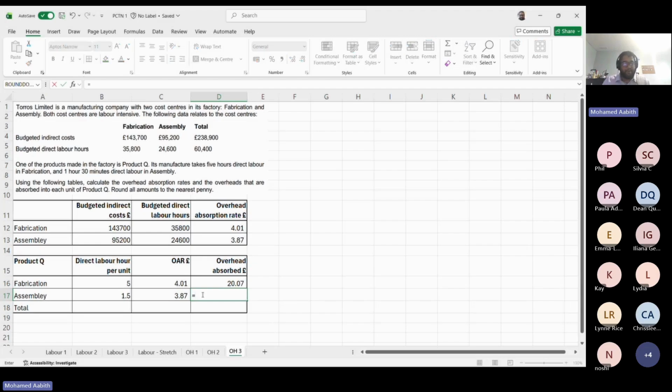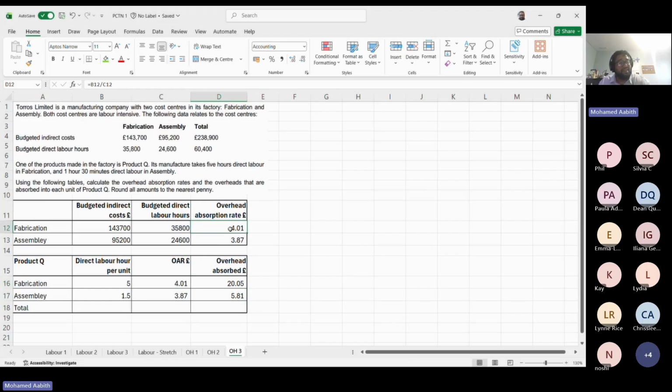How much from assembly? 1.5 hours times £3.87, which gives you £5.80. No, it will not be £5.80. Yeah, it is going to be £5.81. This should be the right number because in the computer, this one is basically a bigger decimal.